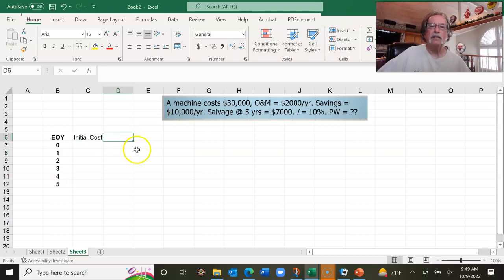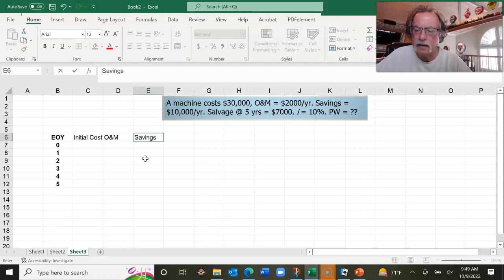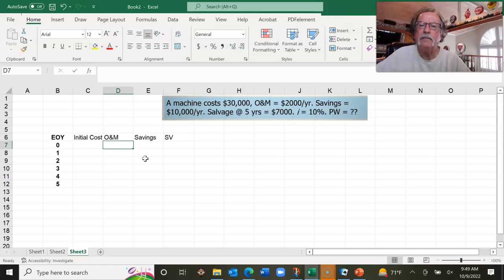Now let's look at the operating and maintenance savings, and your salvage value.